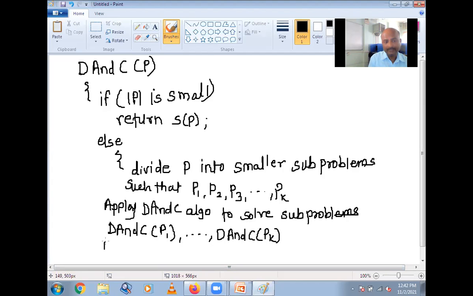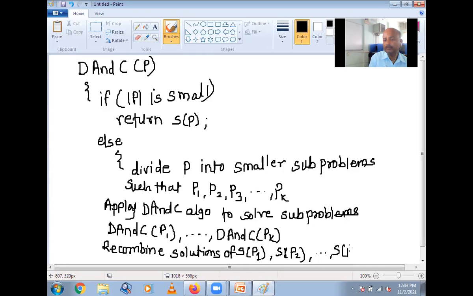Then recombine their solutions, that is the solutions SP1, SP2 up to SPk, so that we get the final answer of that problem. This is the first divide and conquer algorithm. See this algorithm carefully.